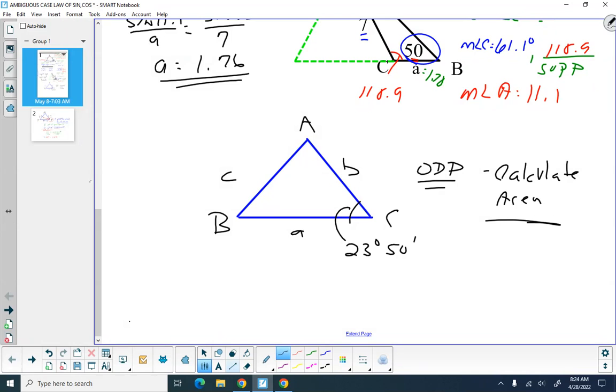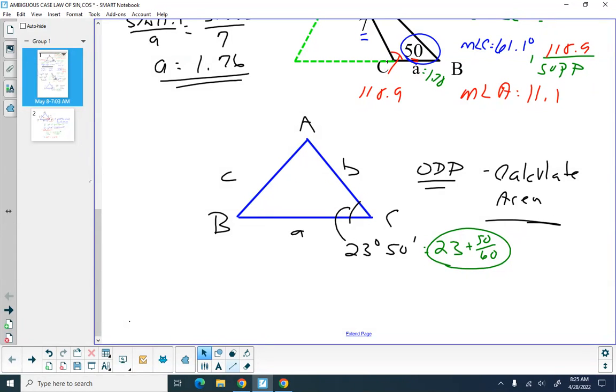To convert your minutes into decimals, you take your minutes and divide by 60 minutes because there's 60 minutes in a degree. You come down to 0.83 repeating. You could just say that's 23.833 degrees.